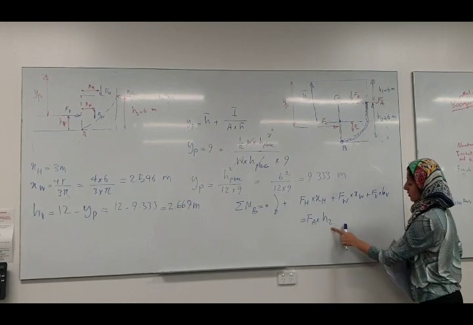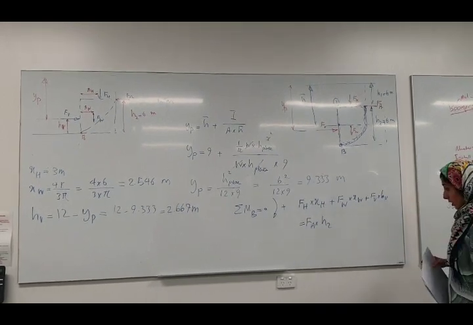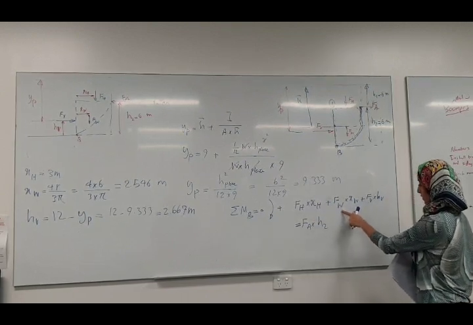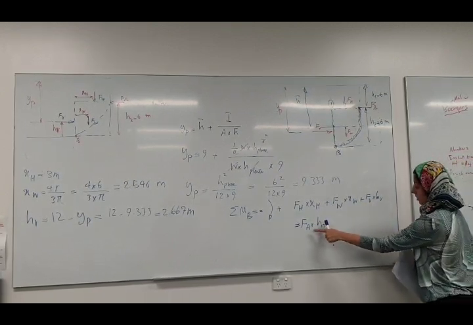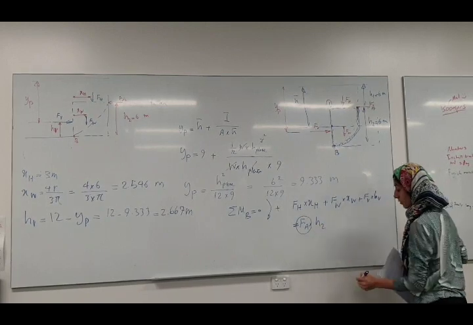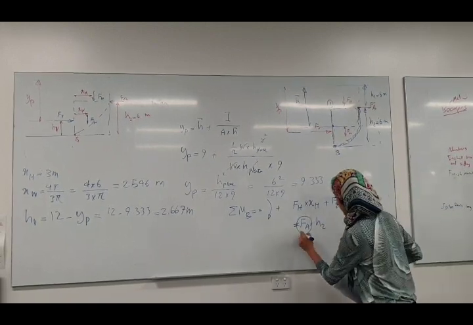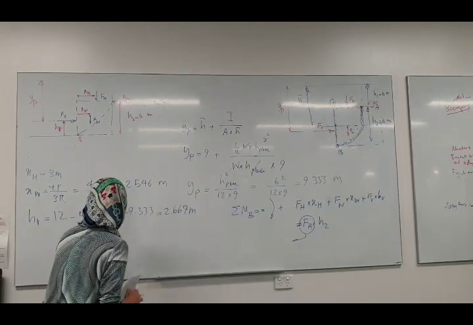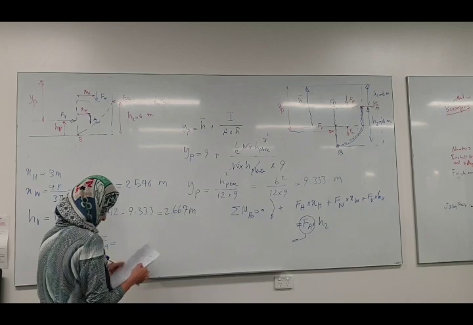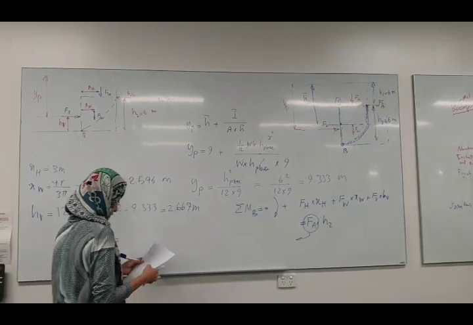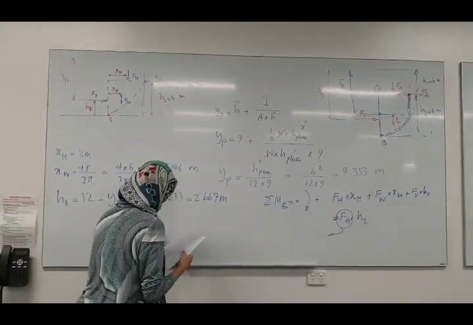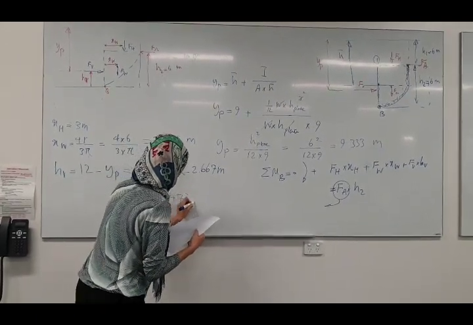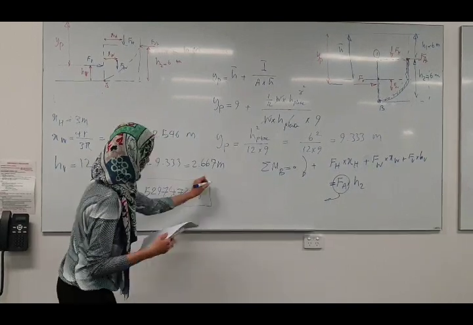So I just bring it to the other side of the equals sign. We know FH, we found it. We know FW, we know FV. The only unknown is FA, and from this algebraic equation we can find it. And FA will be equal to 5,297,472 newtons. That's the final answer.